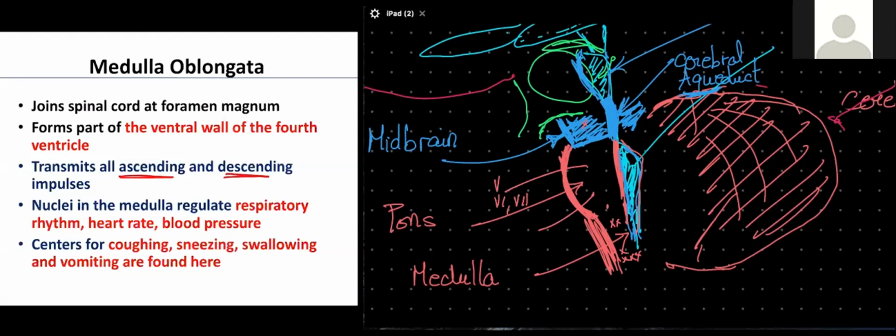In the medulla oblongata, we're going to have the nuclei responsible for regulation of the respiratory rhythm, regulation of the heart rate, and blood pressure. Also, we've got the centers for coughing, sneezing, swallowing, and vomiting.